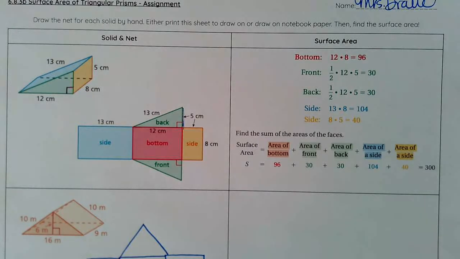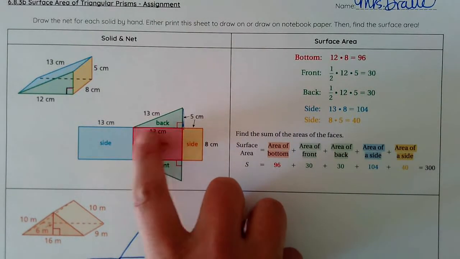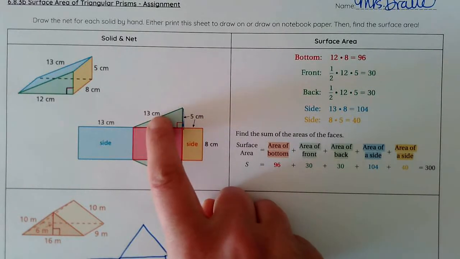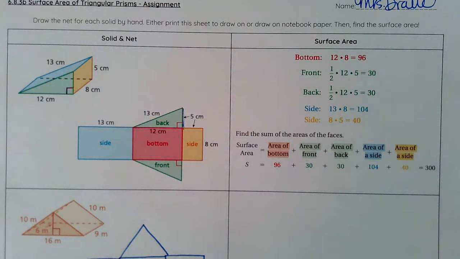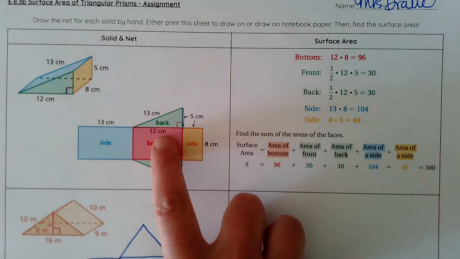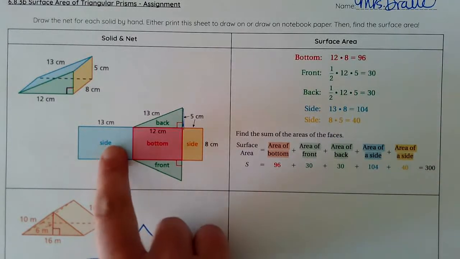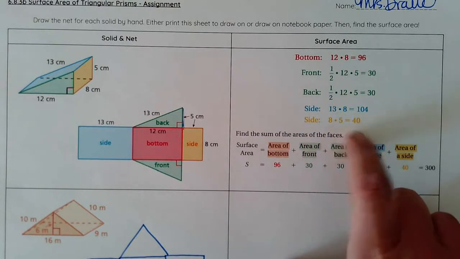You've got to make sure you're doing that. So we've got a base of 12 and a height of 5. We know that this number right here is across from that right angle, so we don't use it to find the area of our triangle. So 1/2 of 12 times 5 is 30. We've got 2 of those. Then we've got our left side, 13 times 8, and our right side, which is 8 times 5.